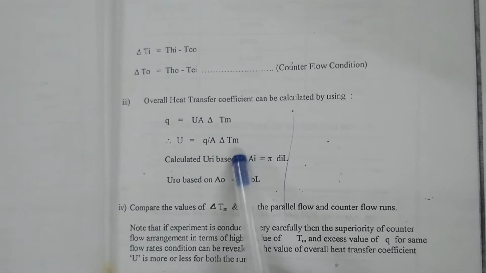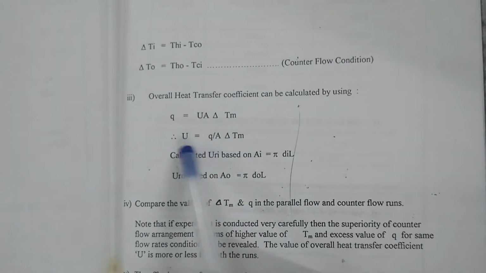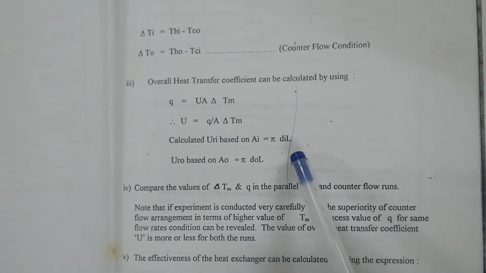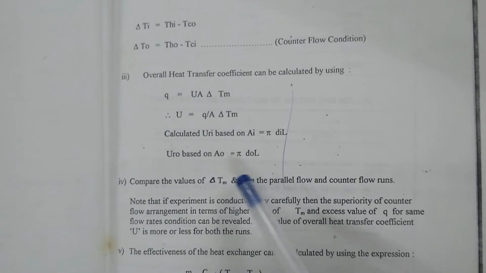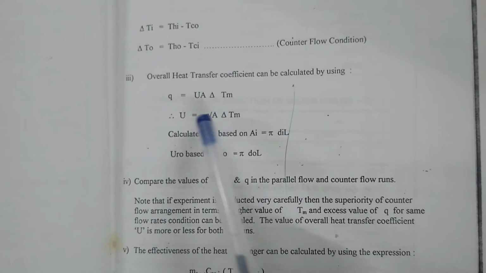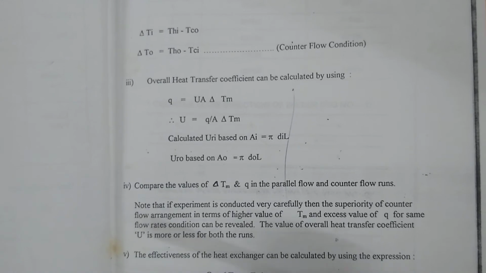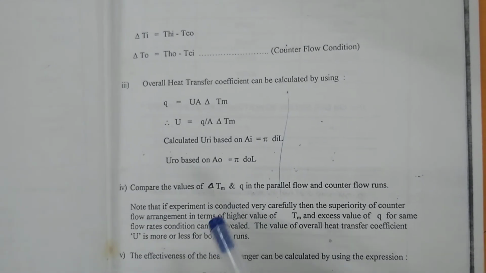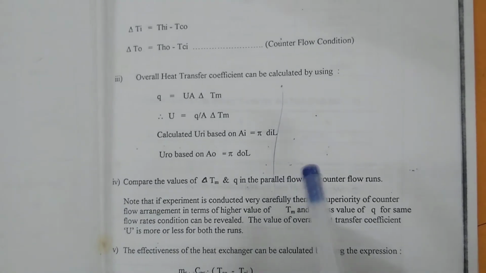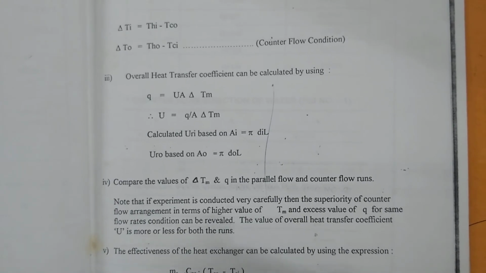So delta Tm actually is LMTD we have already discussed just now and Q is the heat transfer rate Q equal to mH CpH, and area either we can take Ai or the Ao. So taking all the readings from the observation table we can find the U which is the overall heat transfer coefficient, which is the main coefficient and which determines the rate of heat transfer or the amount of heat transferred from this setup using the parallel flow heat exchanger.